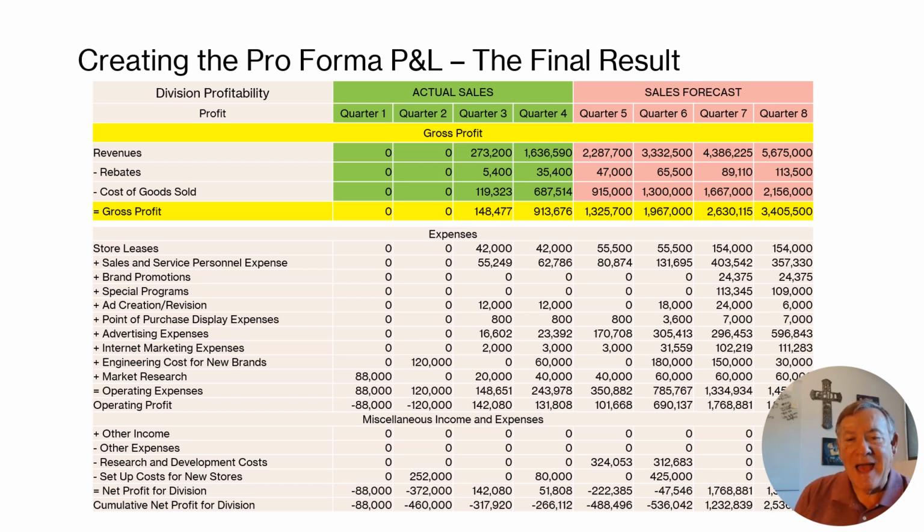You could see the actual expenses down there for quarters 3 and 4. And again, when we put these in and subtract them out from the revenue and from the gross profit, then we come up with an operating profit. And when we take out the one-time expenses, then we have the cumulative net profit for the division. So this is what a pro forma P&L statement will look like.